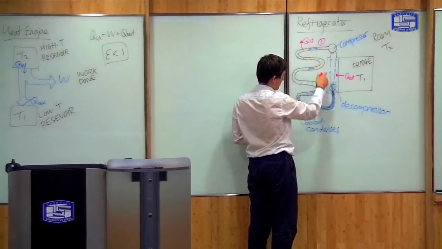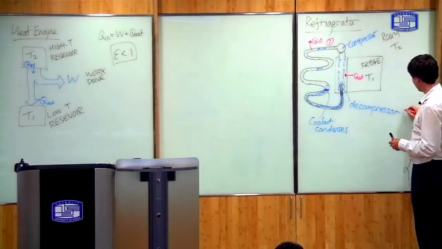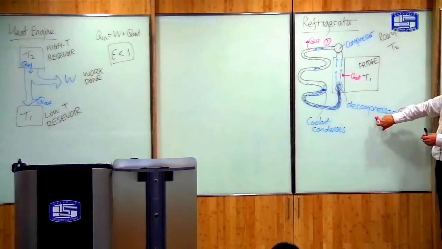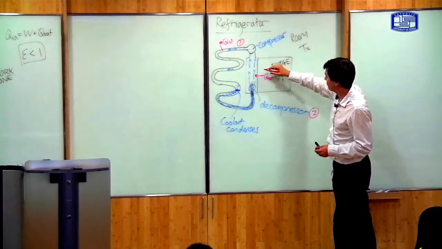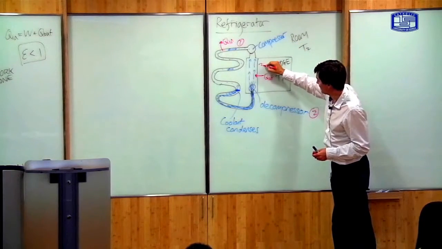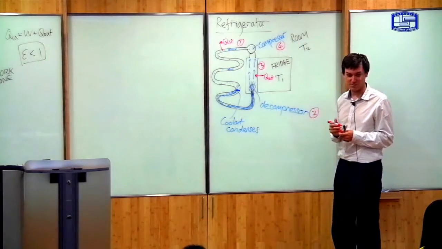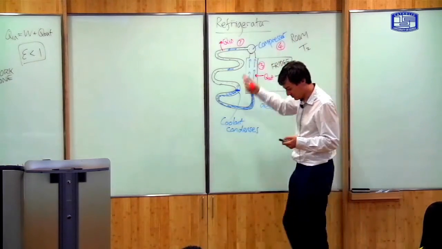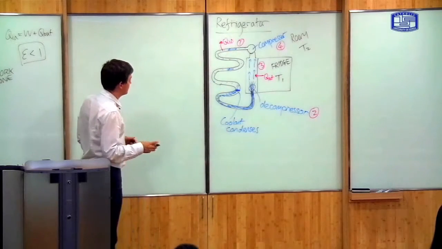Once it's gone through the compressor, until it goes into here. Then stage 2, I'm going to label the decompressor, where the pressure drops. Stage 3 is when it's inside the fridge, and stage 4 is the compression part of the cycle. Okay. So again, as an idealized system, we can write it in terms of 4 stages like this.